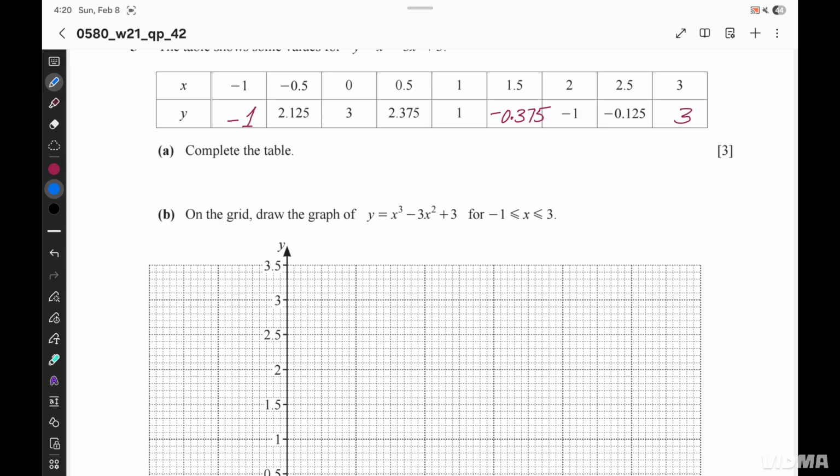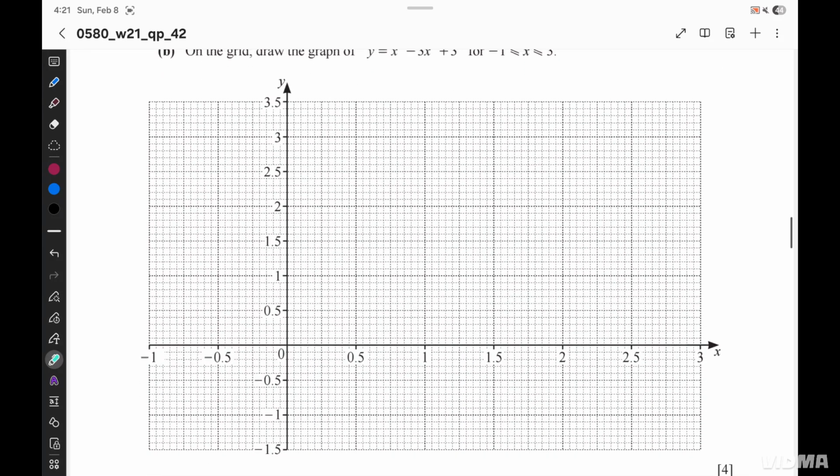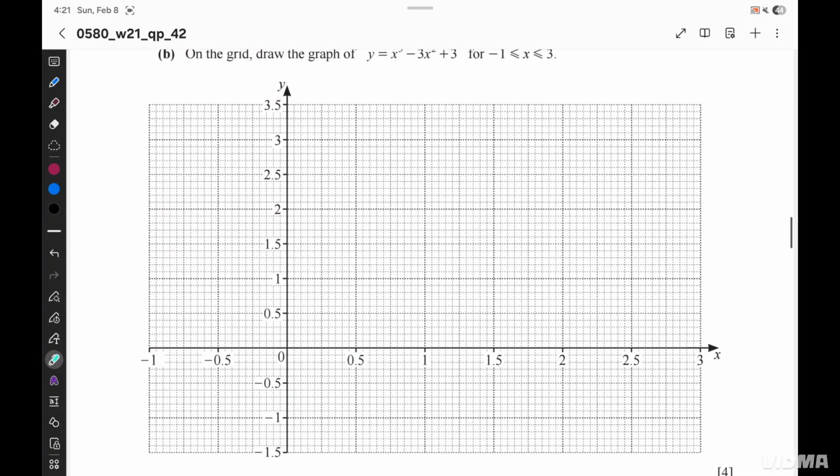For x -1 we have y -1. So let's go to the graph paper. For -1 we have -1. So it would be over here. You can represent the point with the help of dot or a cross. So for -1 we have -1.